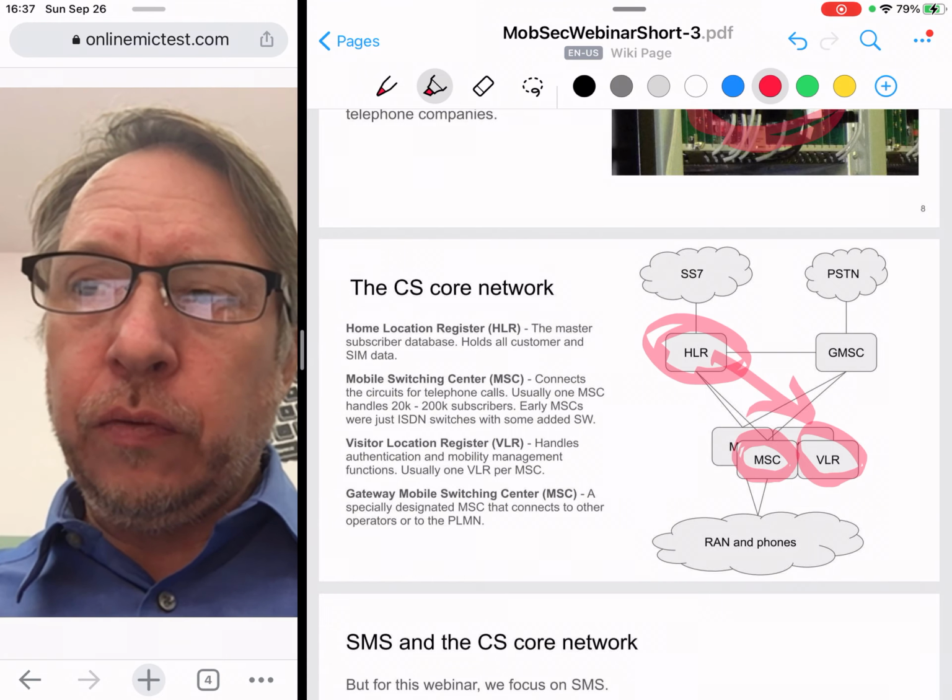And then we have the Gateway Mobile Switching Center, the GMSC. The GMSC is really like any other MSC, except it is designated as having a connection to the outside world, what's called the public switched telephone network. So the GMSC is a mobile switching center that connects to other operators and is used for internetworking calls between operators.